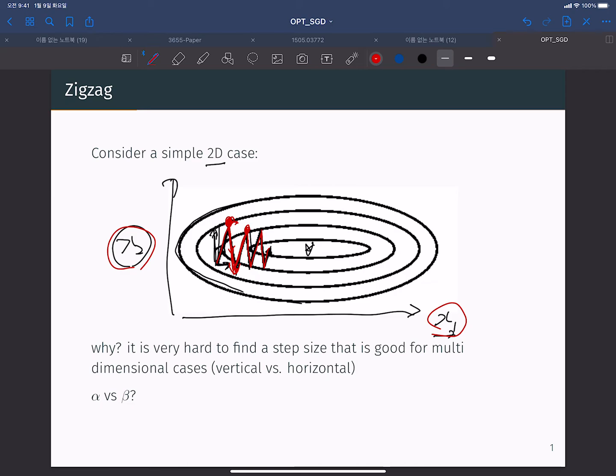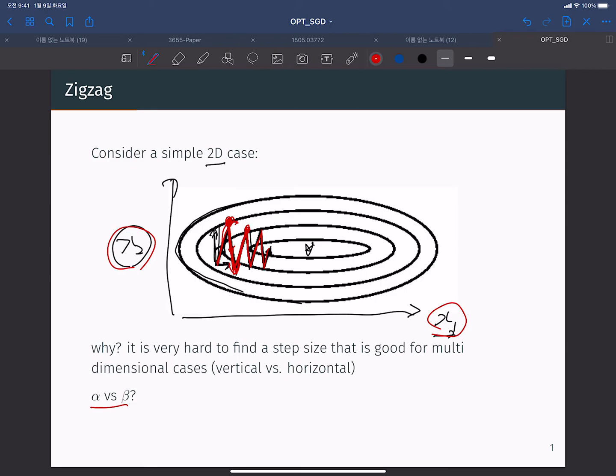Basically, this kind of zigzag behavior is one main source of why your gradient descent algorithm converges to local optima very slowly. Okay, so basically, this happens when your alpha and beta are completely different.